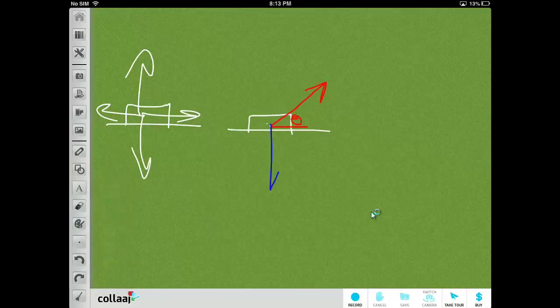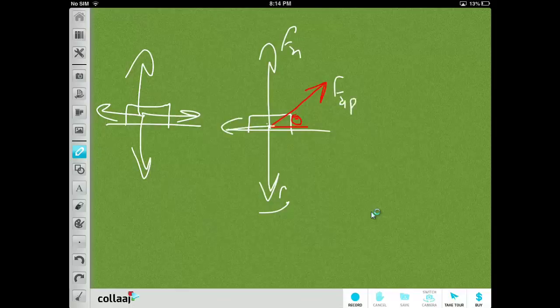So you have your famous forces, Fg, Fn, F friction, and in order to get rid of this annoying force, I need to get the two components, right?